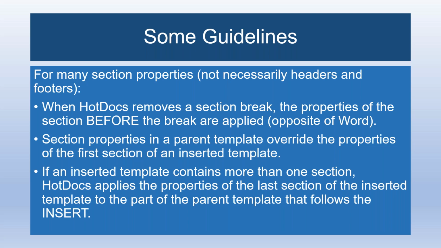If you have problems, you always have to stop and say to yourself, okay, what is my logic doing here? It's removing a section break, and I'm getting a section break I didn't expect. If you examine the template, oftentimes you find that Word and HotDocs together are doing exactly what is expected, because it's actually giving you the section properties for the first section rather than the one after the removed section break.